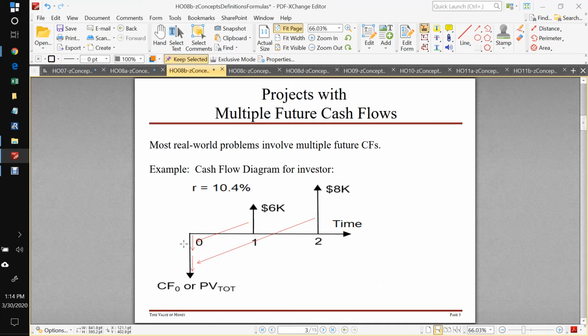We'd say something like this: our piece A and our piece B. We'd say the CF0 or PV tote is equal to A plus B, and A is equal to 6K divided by 1 plus R raised to the 1 in this case, and B is equal to 8K divided by 1 plus R, same R, always 1 R per project.